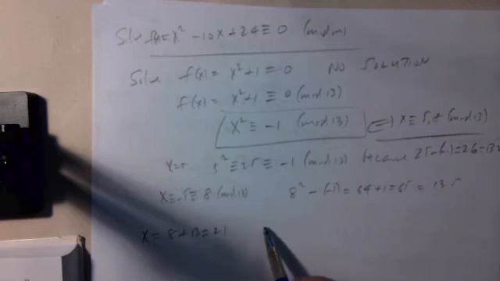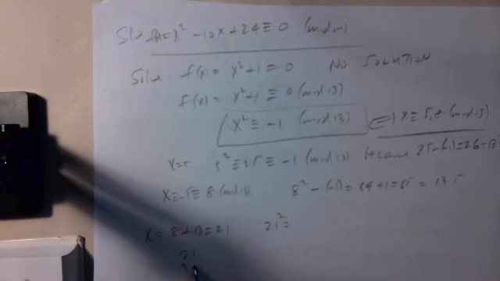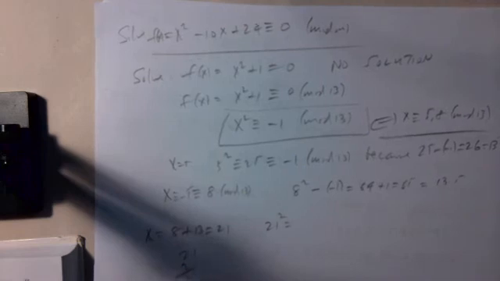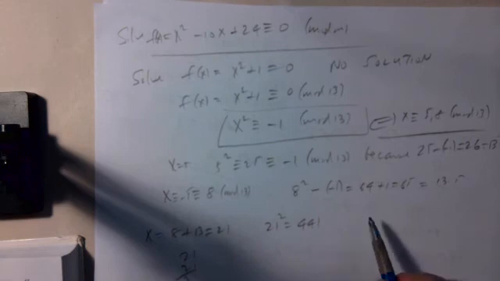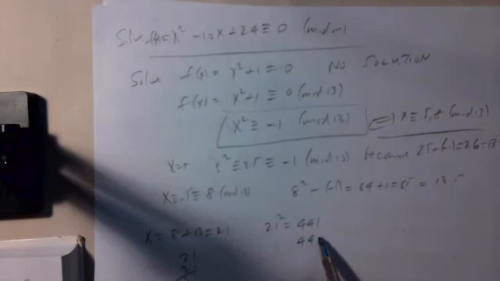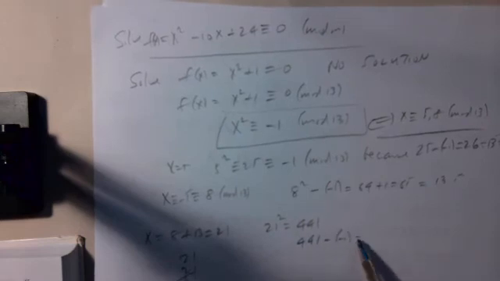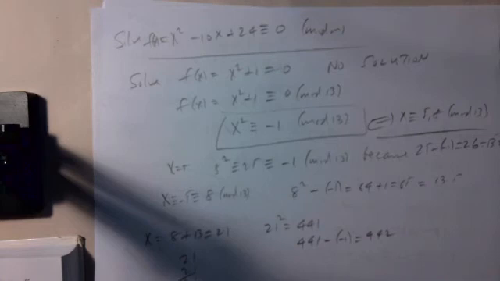Let's see. What is 21 squared? If you take 21 times 21, that's 441. 441 minus -1 is 442. Is that divisible by 13?